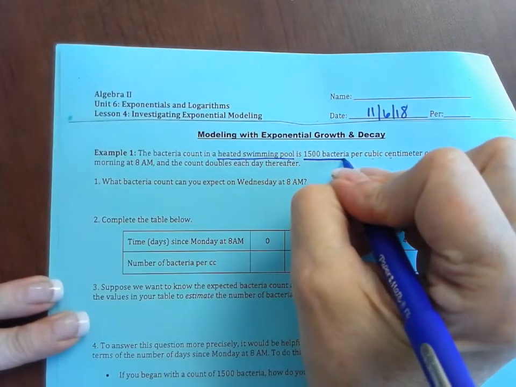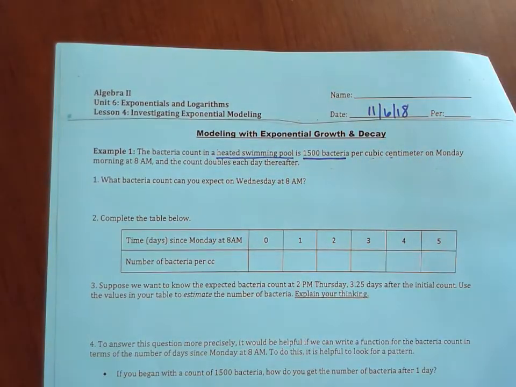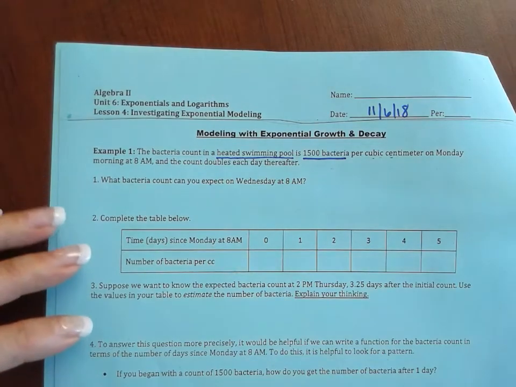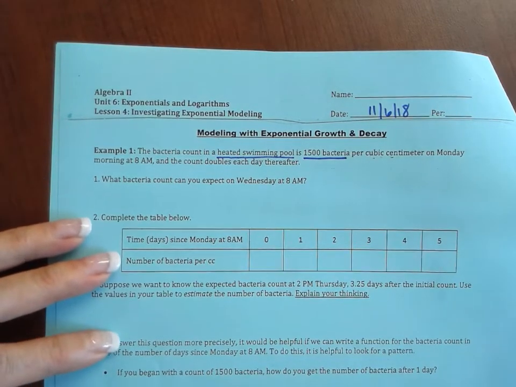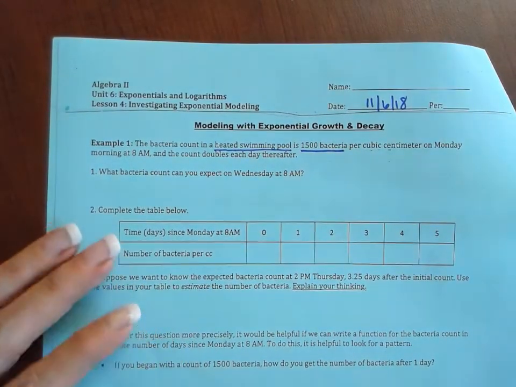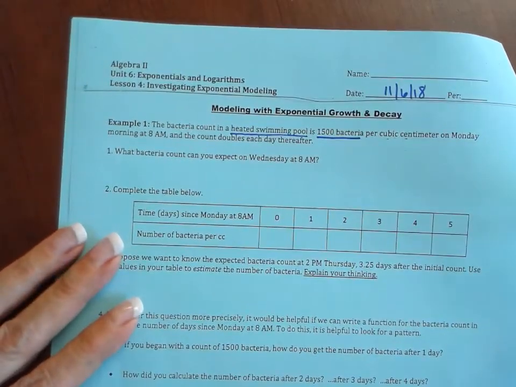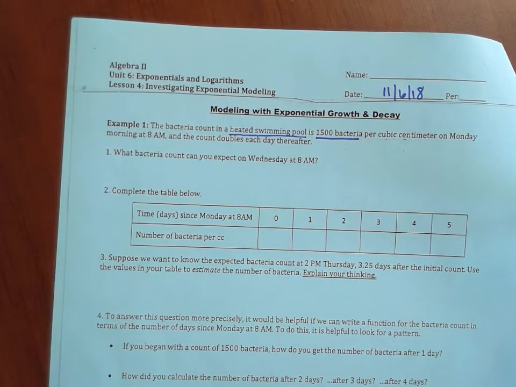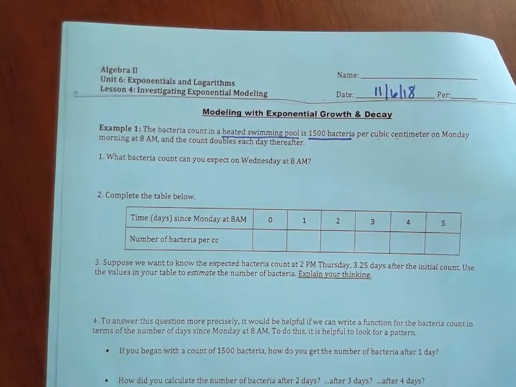It's 1,500 bacteria per cubic centimeter on Monday at 8 a.m. And the count doubles each day after, okay? That's why, which is kind of gross, which is why on pools they put so much chlorine in to keep all that bacteria out. Then when you go take a shower, it burns your skin. Yes, but I would rather have chlorine burning my skin than bacteria eating my skin. That's the way I look at it.